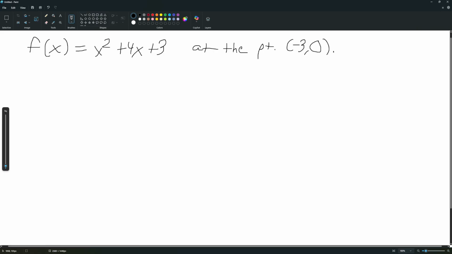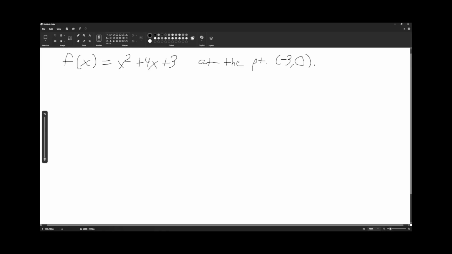It specifically says find the equation of the tangent line at a specific point, which makes sense because a tangent line only touches a function at one point.